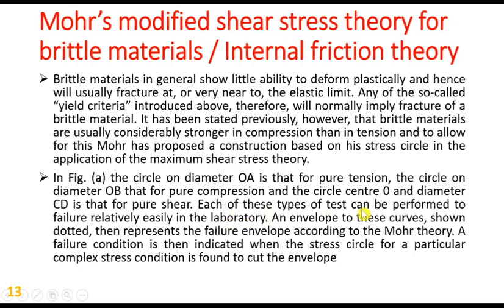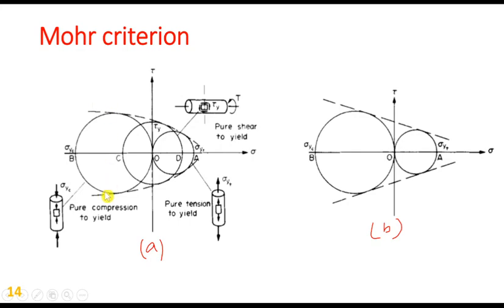Each of these types of test can be performed to failure relatively easily in the laboratory. An envelope to these curves, shown dotted, then represents the failure envelope according to Mohr theory. A failure condition is then indicated when the stress circle for a particular complex stress condition is found to cut the envelope. So that will be the envelope.